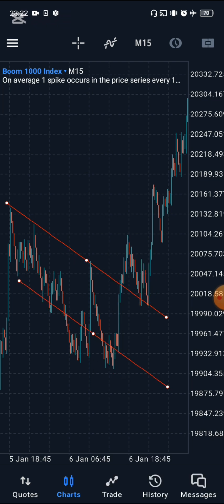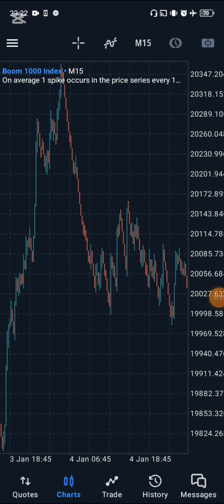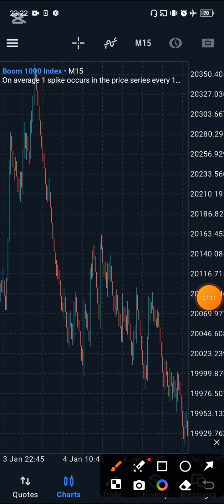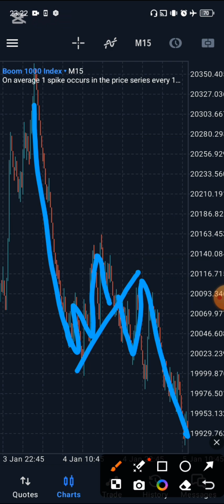So that's how we can simply maximize on trading flags and patterns, continuation patterns to be precise. So over here we've got an impulsive move, and then a consolidation over here. You draw your trend line, breakout, retest, you enter. It's just so simple.